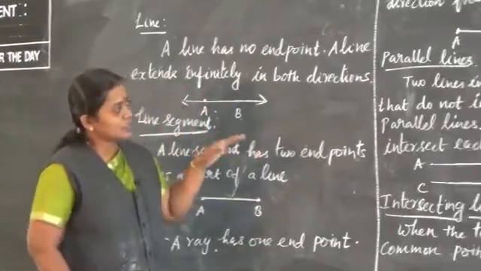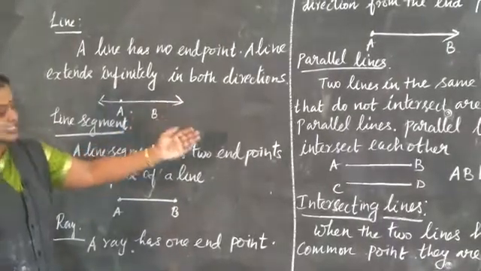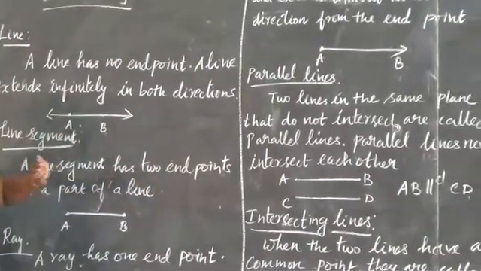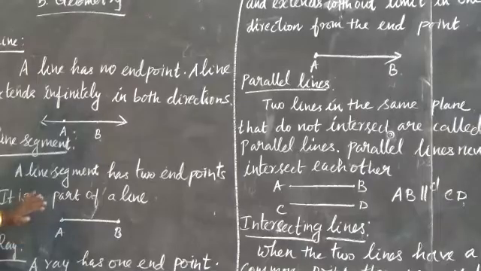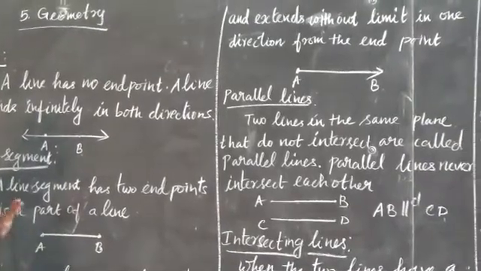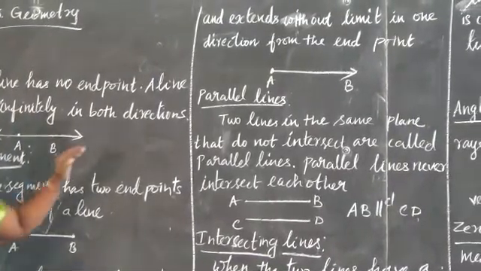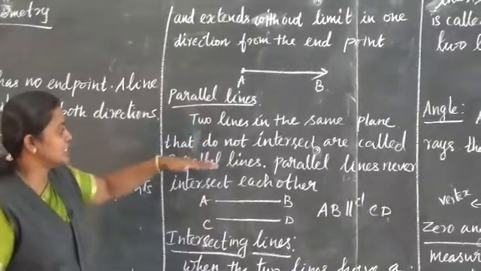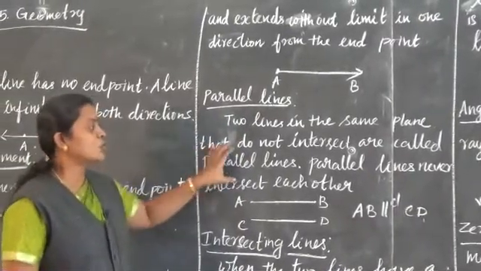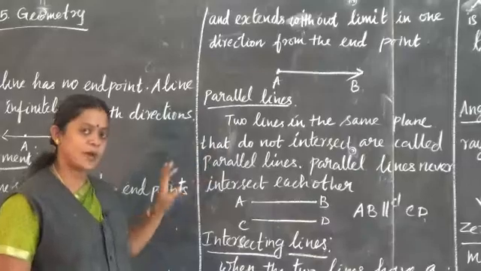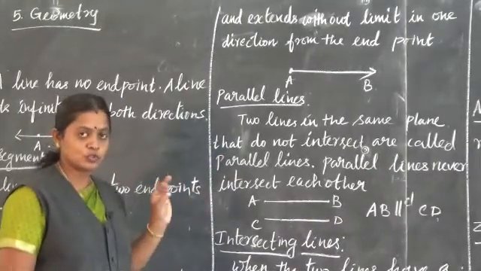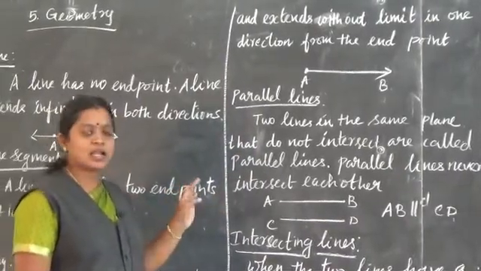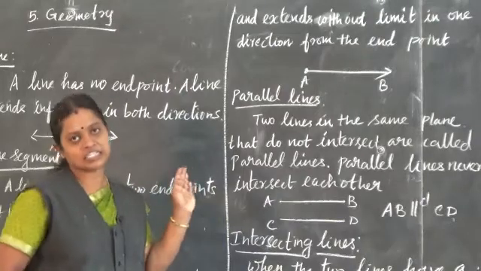The fourth one is parallel lines and intersecting lines. Now you know what a line is. I am just recalling the concept because you already learnt it in 6th standard itself. Parallel lines: 2 lines in the same plane that do not intersect are called parallel lines. You should always remember, parallel lines never intersect each other.